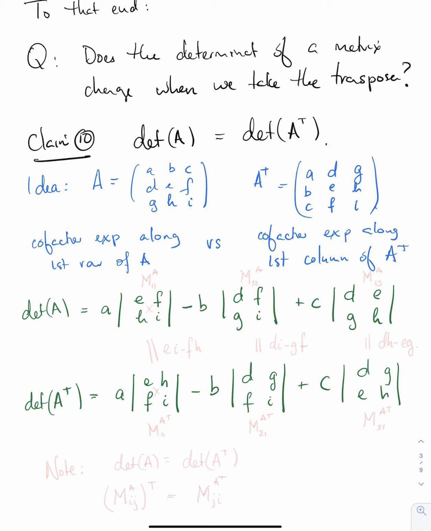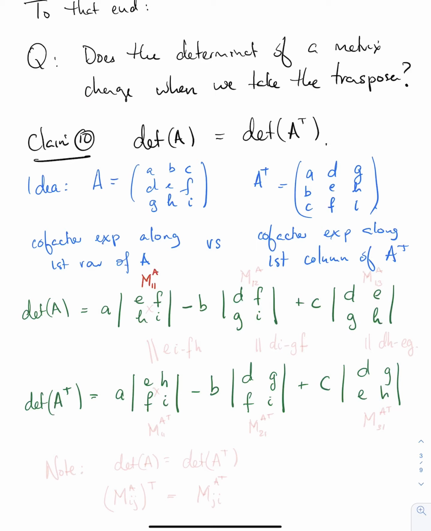In order to talk about what's going on here, I'm going to draw our attention to these smaller matrices and introduce some new notation. E, F, H, I is M11 of the matrix A, but I need to make a distinction between the M's of matrix A and the M's of matrix A transpose. So I'm going to add a little annotation here.